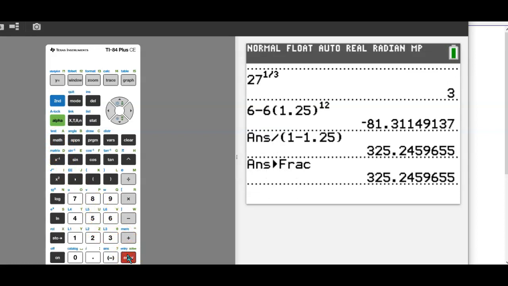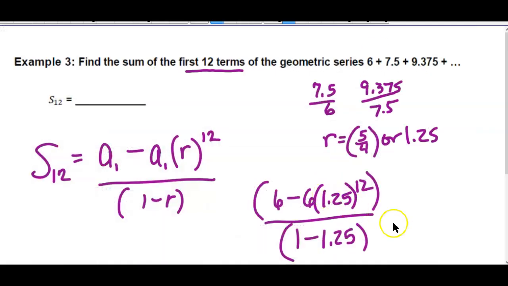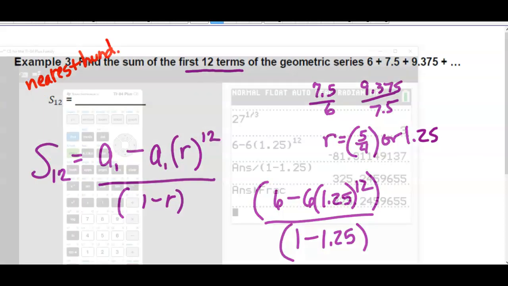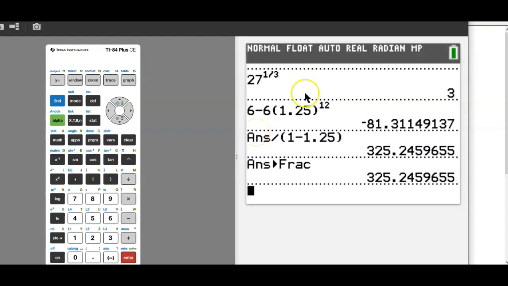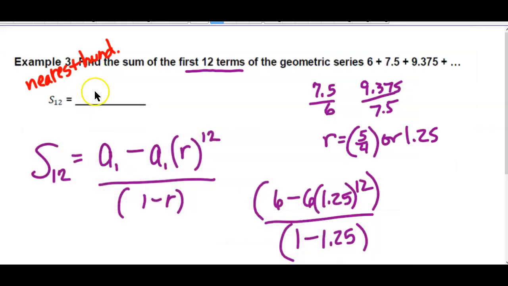I know on Delta Math it asks you to round to however many places they decide, like that one might be to the nearest hundredth. Just read carefully. So I'm going to write up here to the nearest hundredth. And we got 325.25 if we write that.